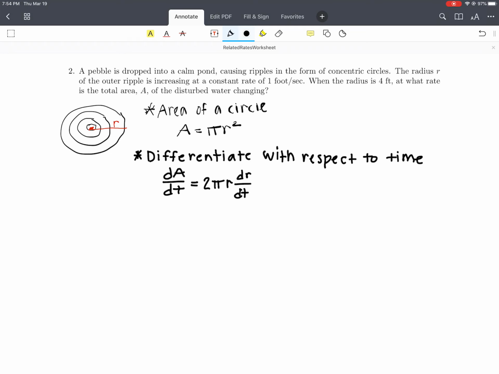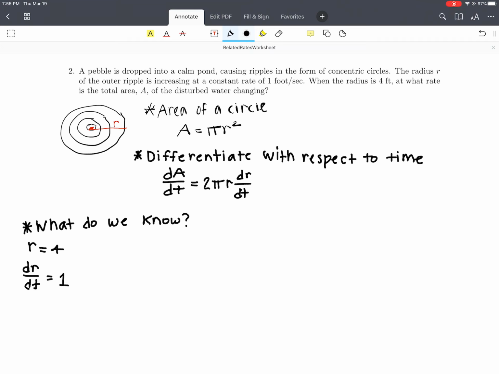Next up, what do we know and what do we want to know? What do we know? It tells us that we're interested in what's happening when the radius is equal to 4 and when the radius is increasing, so that's dr/dt, at a constant rate of 1.